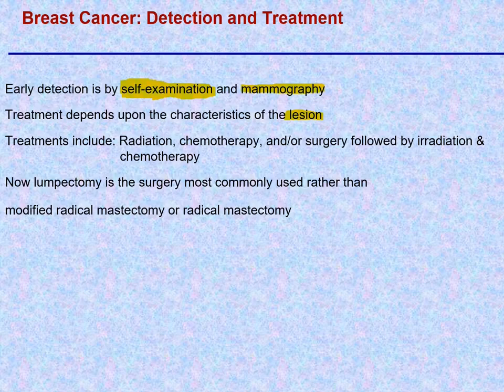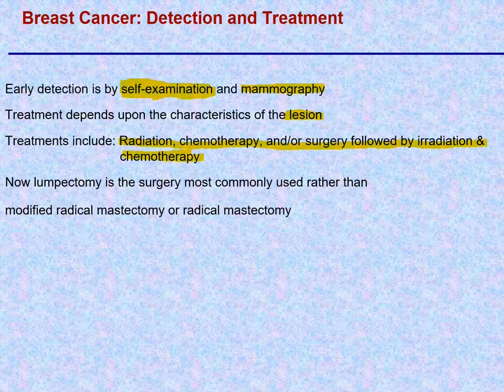There are different stages that can be recognized depending upon the loss of differentiation characteristics of the tissue. The less differentiated the tumor tissue is, the more aggressive the growth typically is. That goes for all types of tumors. Treatments include radiation, chemotherapy, surgery followed by radiation and chemotherapy.